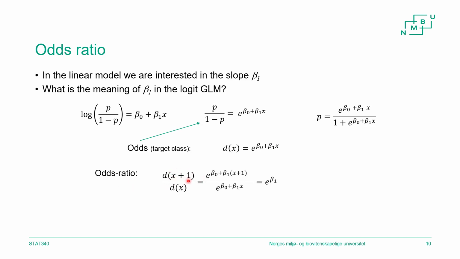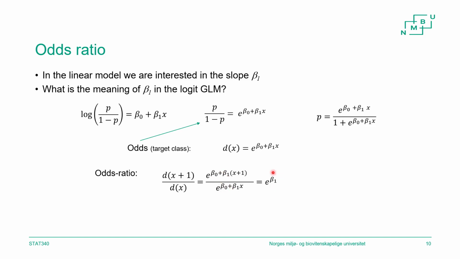If you increase x by a unit of 1 and look at the ratio between the odds when x was increased by 1 compared to the original odds, then you get this expression.